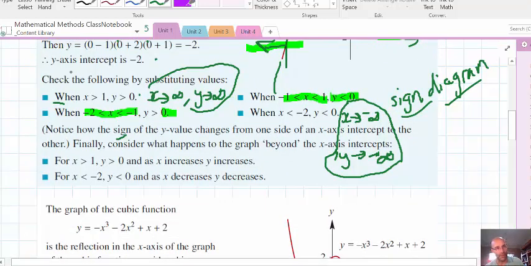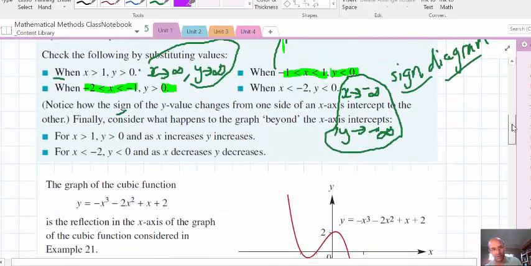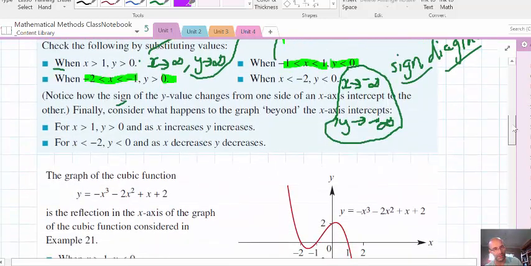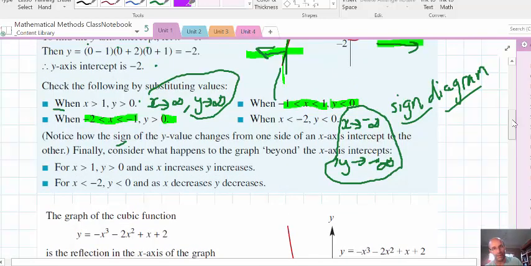Now that relates a little bit to what's written here at the bottom. Beyond the intercepts, so you can see that again that's there and there, that same section that we were just talking about. For x greater than 1, y is greater than 0, and as x increases, y increases.